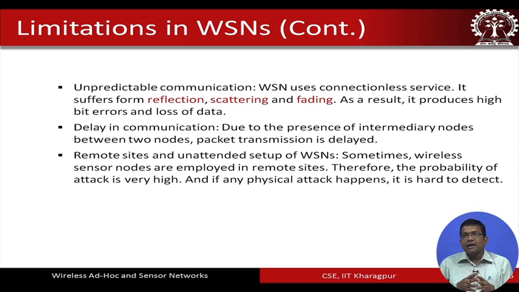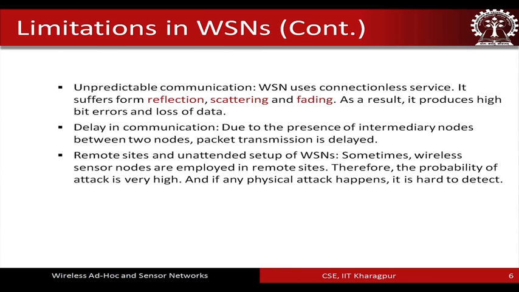Even physical attacks can happen. That means the nodes can be physically compromised; they can be removed, they can be tampered with, etc. And because they are remotely deployed, this kind of tampering, where the nodes are physically compromised, would be hard to detect in these networks.